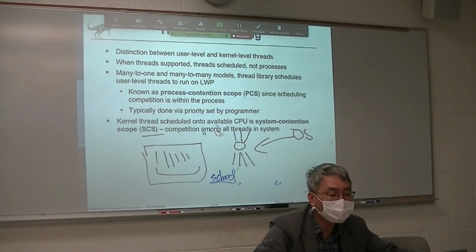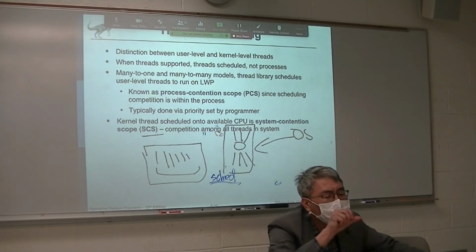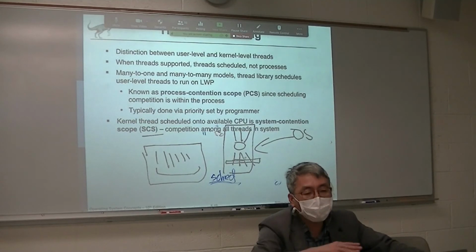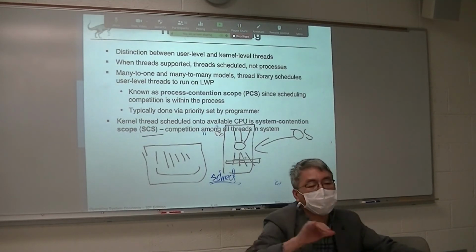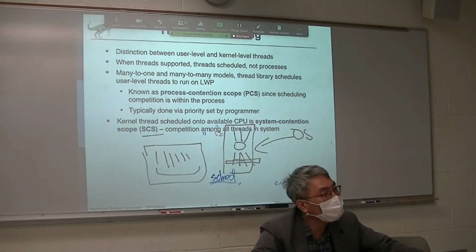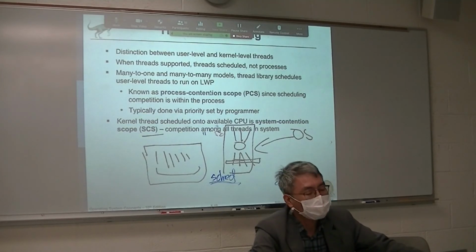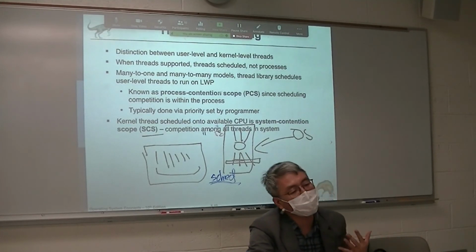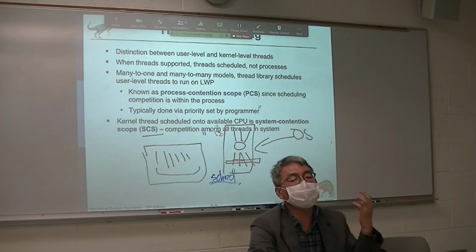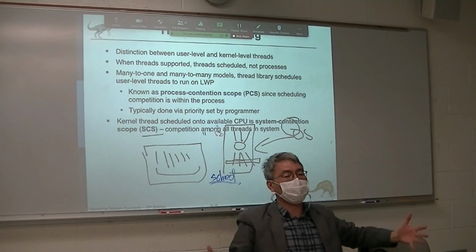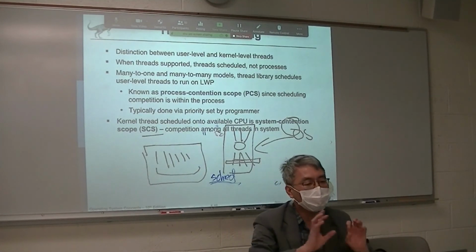Then within that running state, each process also schedules the threads that the process creates. This is called process-level scheduling, or process contention scope (PCS). So there are 2 types of thread scheduling: system-wide thread scheduling and process-wide scheduling.